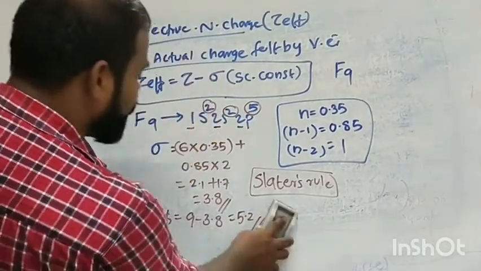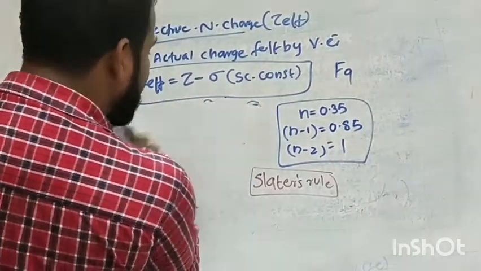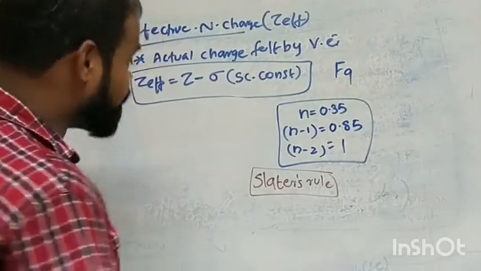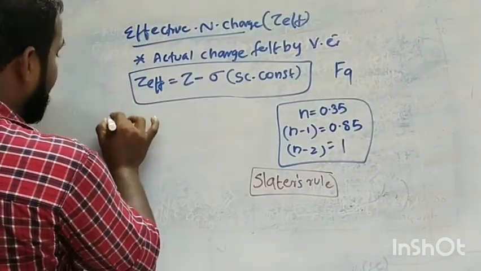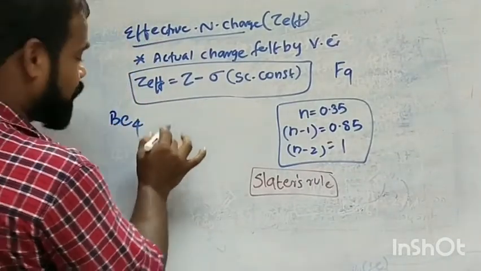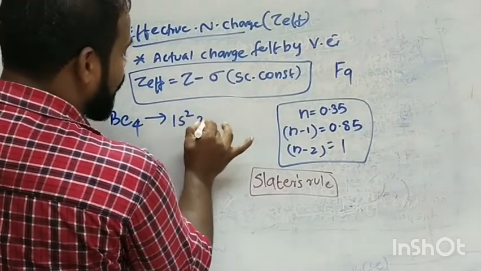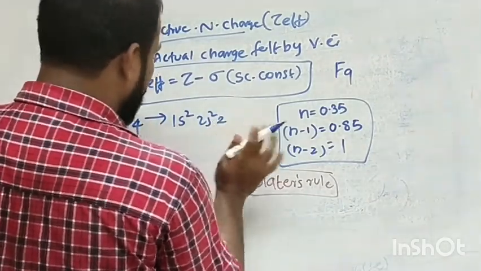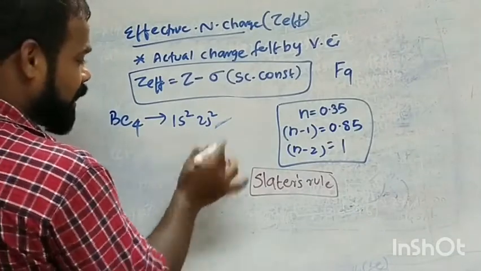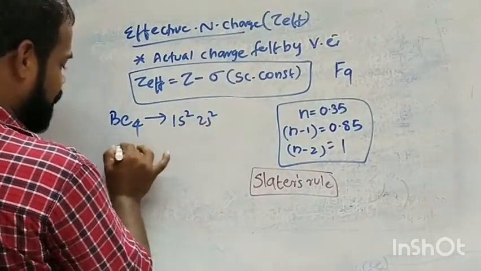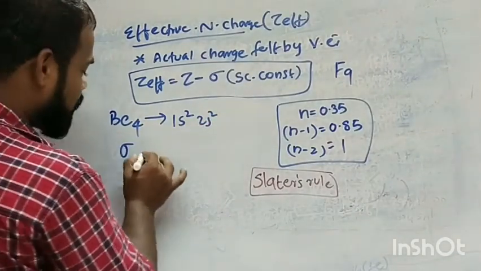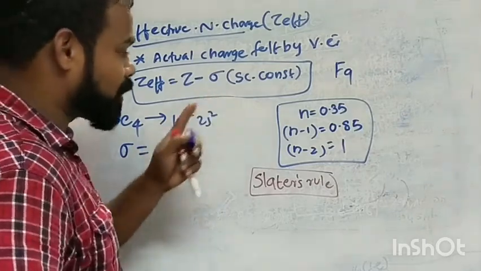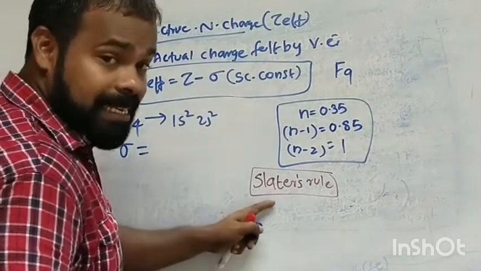Next, one more. Take another example, beryllium, symbol Be. Total number of electrons is 4. Electronic configuration 1s2, 2s2 only. Here, at the nth level, first we want to count sigma, the screening constant, applying Slater's rule.